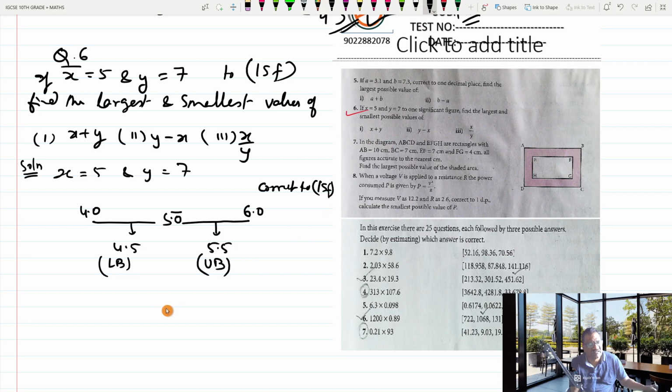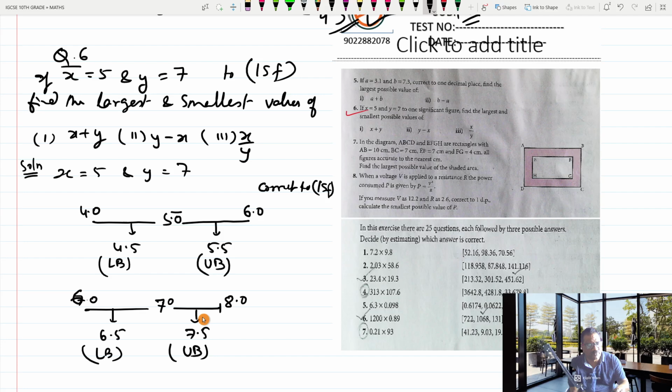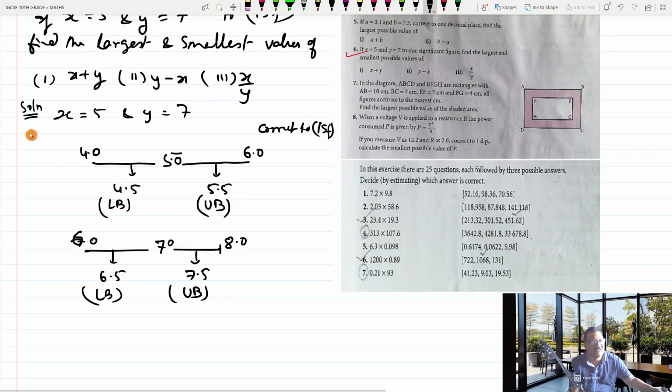Similarly for 7, on this side you will take 8.0 and here you will take 6.0. So your midpoint will be 7.5 over here, and here the midpoint will be 6.5. So this happens to be your upper bound and the lower bound. Once you have determined the upper bound and the lower bound of both the numbers 5 and 7, now you can deal with these questions.